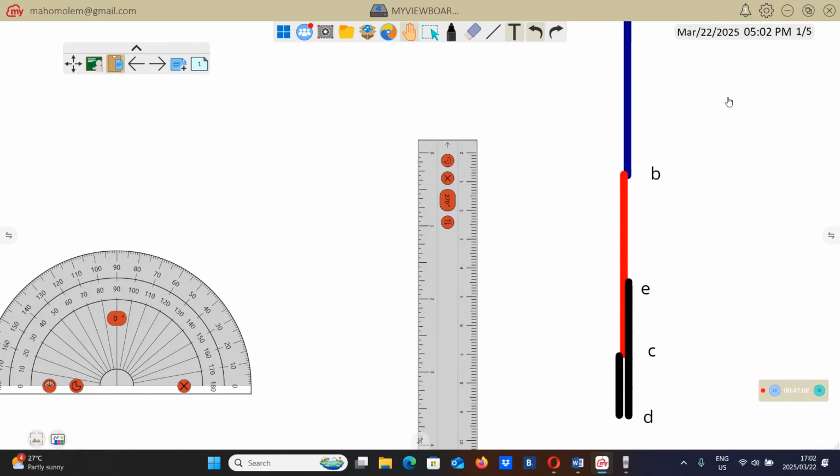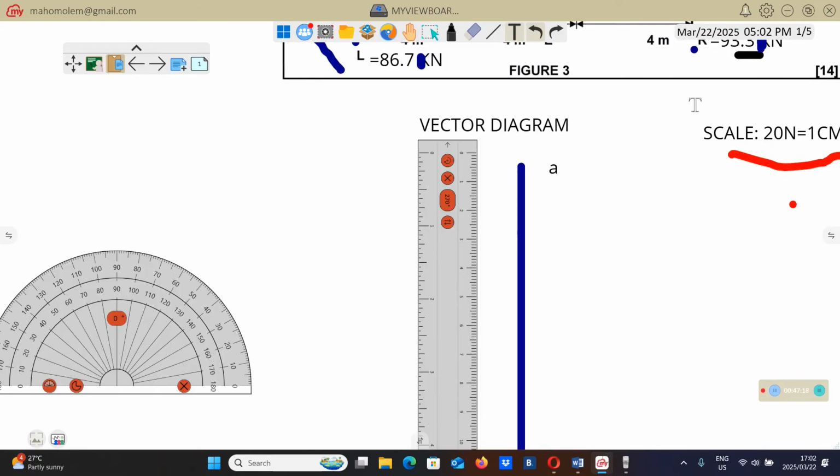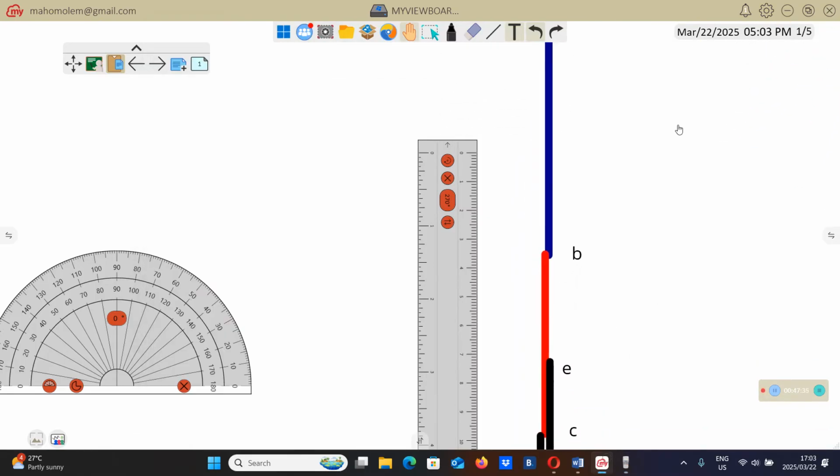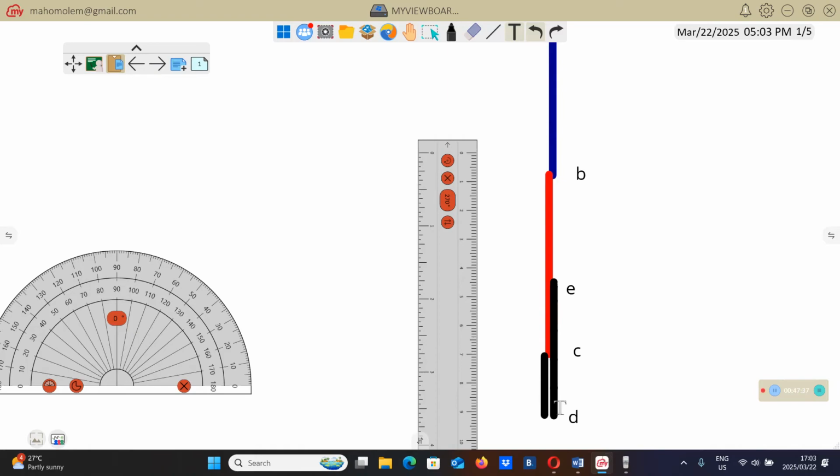Okay, it's fine. Let's go back to the reaction at 93. We said that 93.3 divided by 20 is 4.6. So we're supposed to draw an upward line from D, 4.6 up.